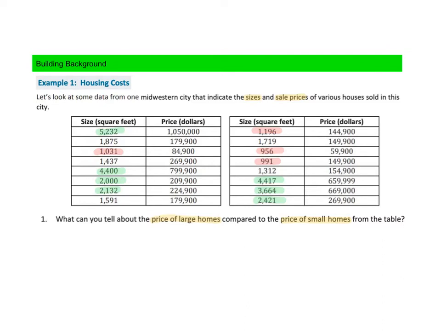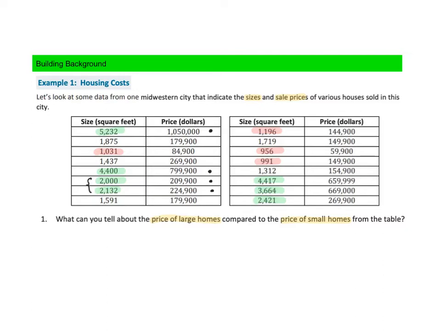It says, what can you tell of the price of large homes compared to smaller homes? So this large home is $1 million. This one is almost 800,000. This one is 200,000, 224,000, but these ones are a lot less square feet, like honestly half the size, so maybe I won't look at those two.